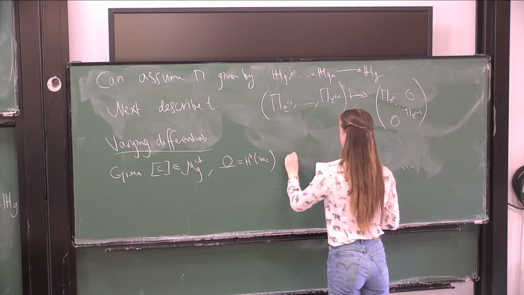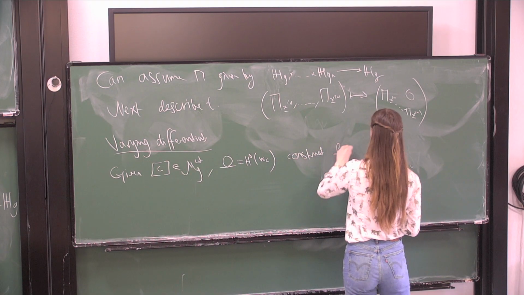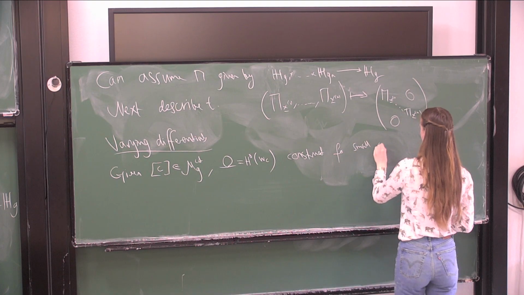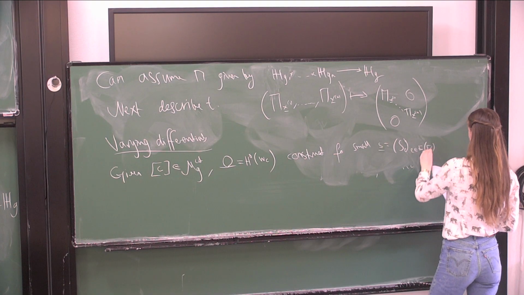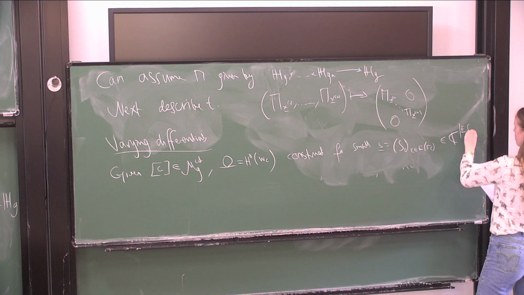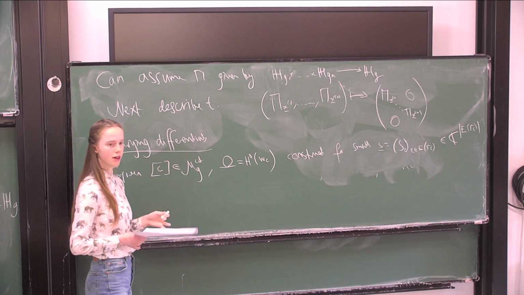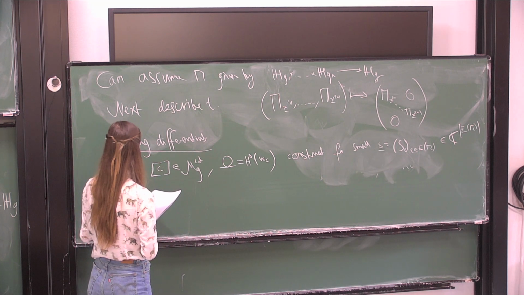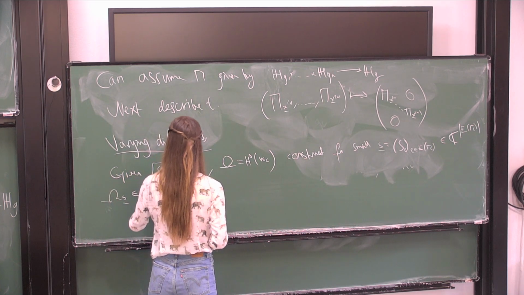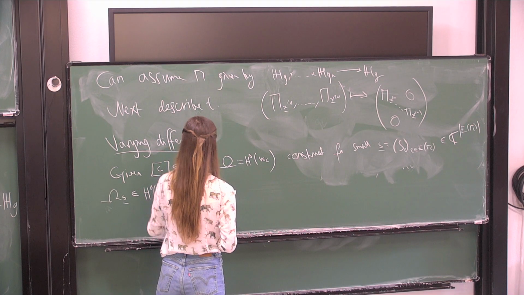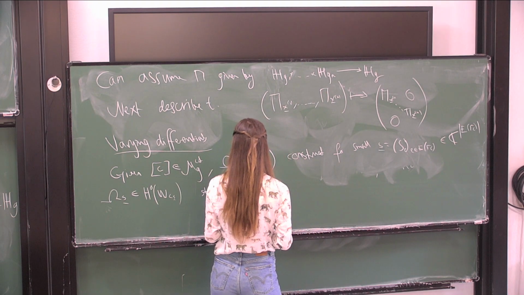So for each set of values for the smoothing parameters, or for small values of the smoothing parameters, we want to construct a holomorphic differential on the smoothed curve C_s, such that when you put s equals 0, you should recover the original differential omega.